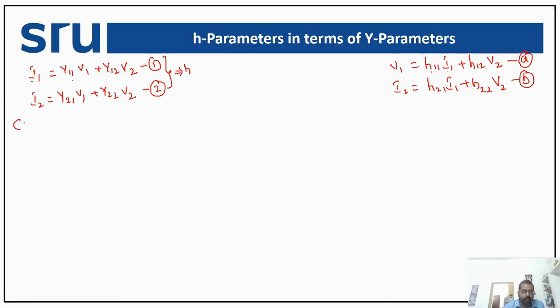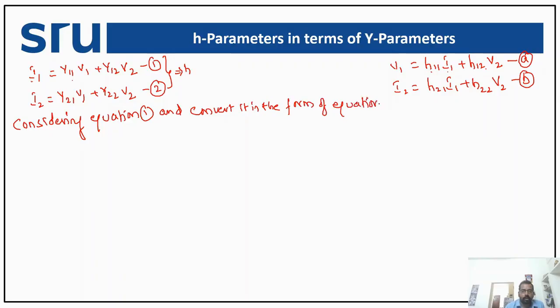So considering equation 1, and converting it in the form of equation A, we get, see here we are having V1, so let us keep here Y11 V1 is equal to I1 minus Y12 V2.